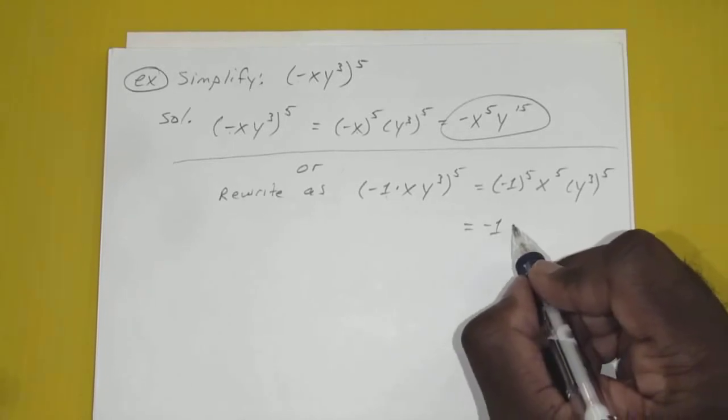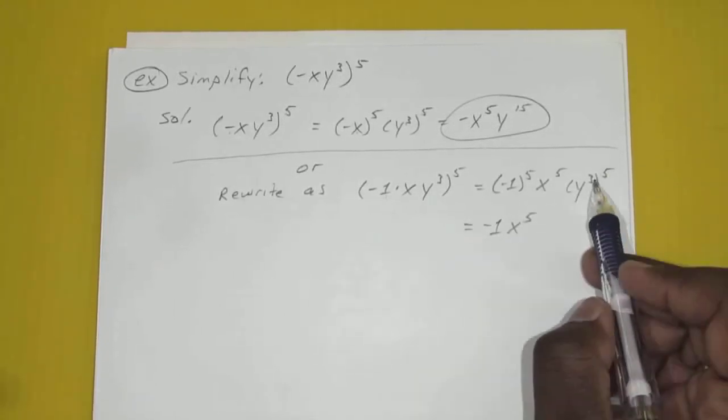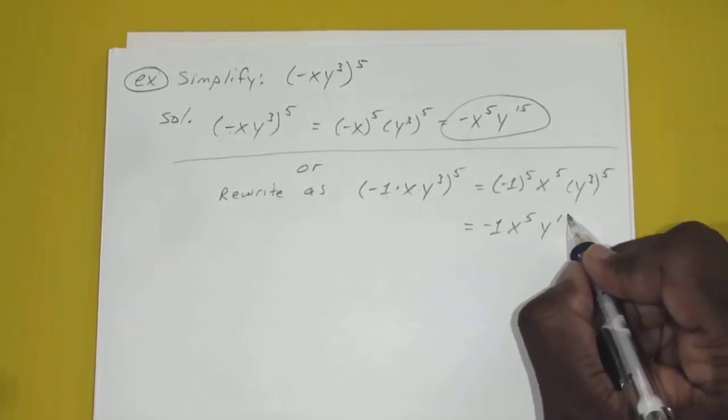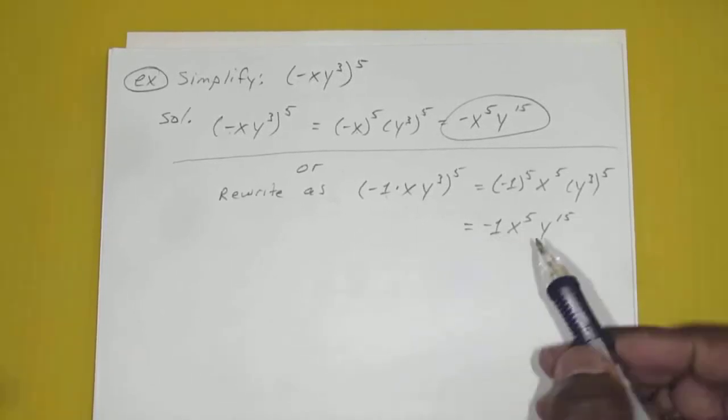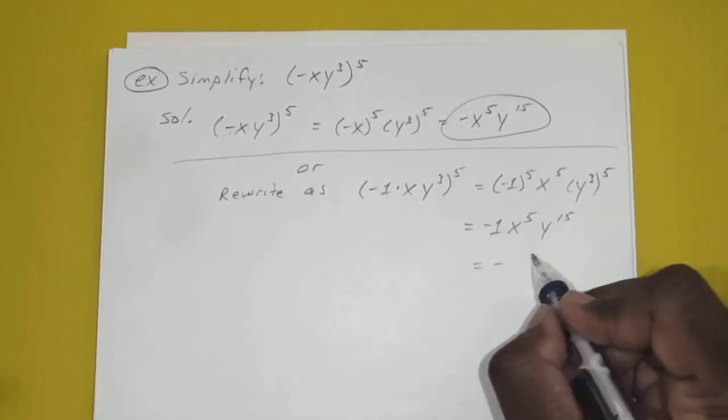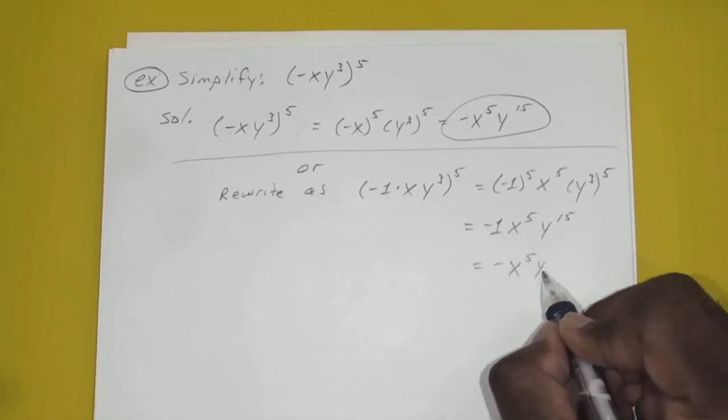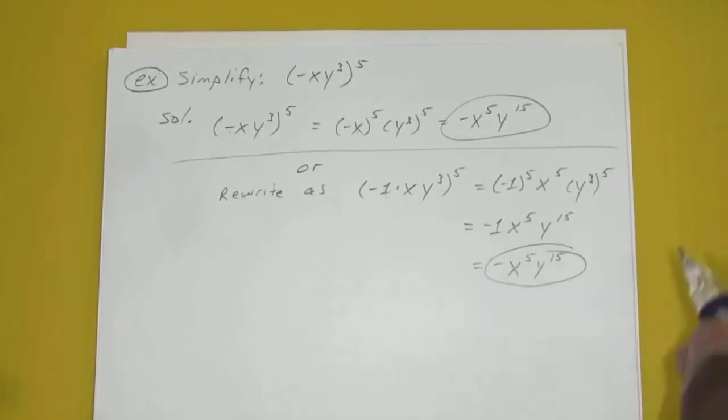So you have -1 times x to the 5th, again, times y to the 15th. And instead of -1, you can just have negative. Like I said, whichever way works for you.